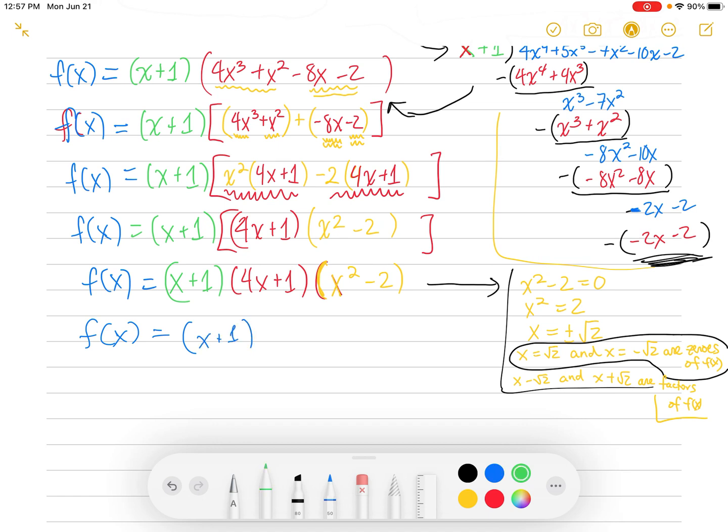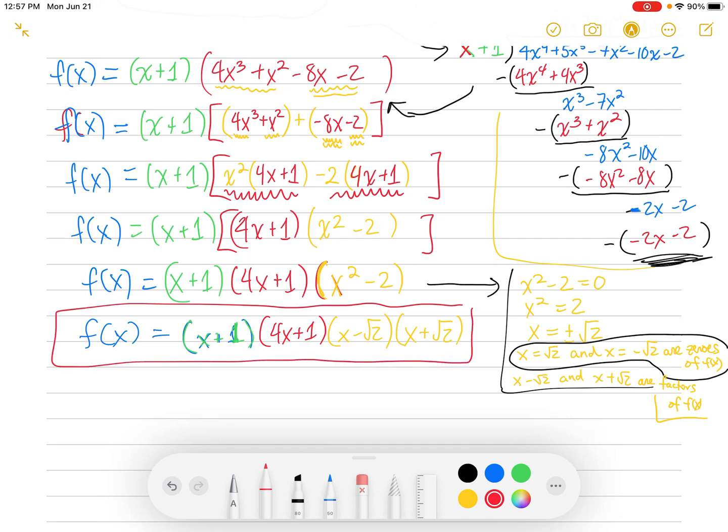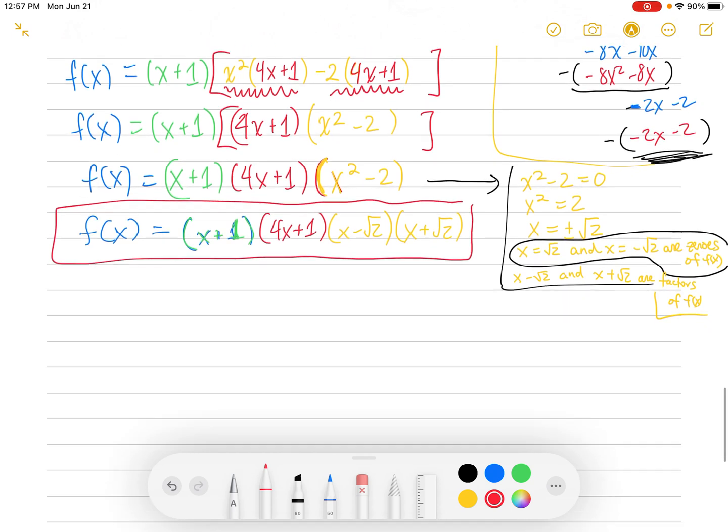So f of x equals green x plus 1, 4x plus 1, and the yellow can break up into x minus root 2 or x plus root 2. This is going to be your final factorization in this red box.